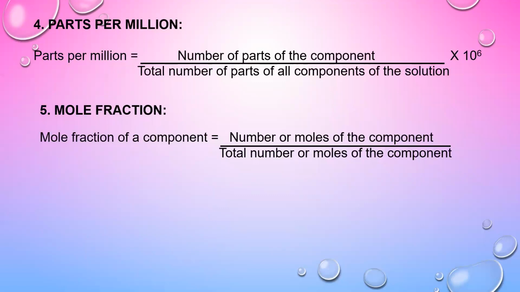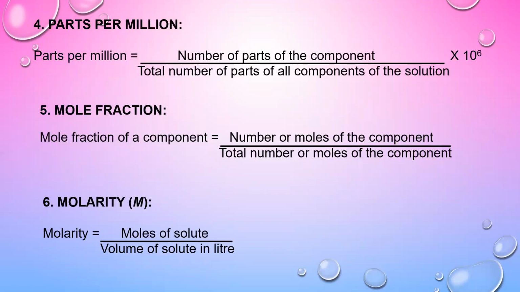So this is how we express it generally: the mole fraction of a component is the number of moles of the component upon the total number of moles. That is equal to Na upon Na plus Nb.